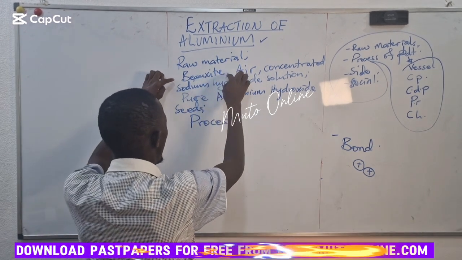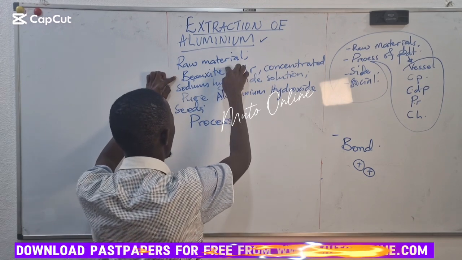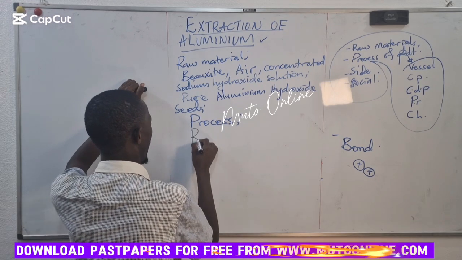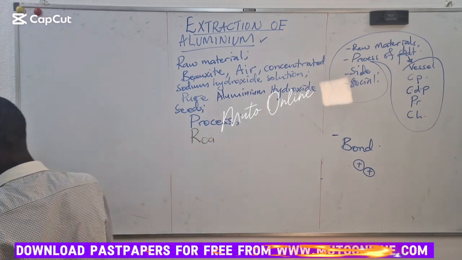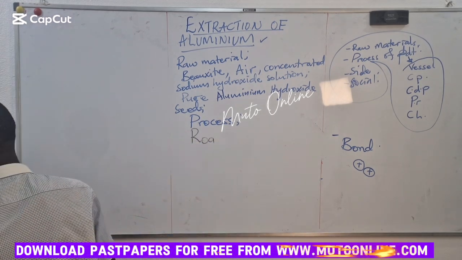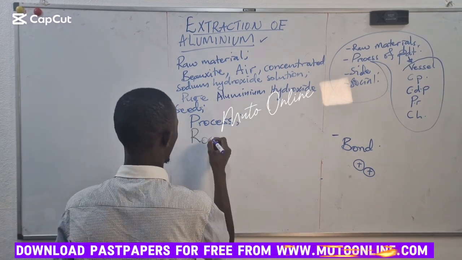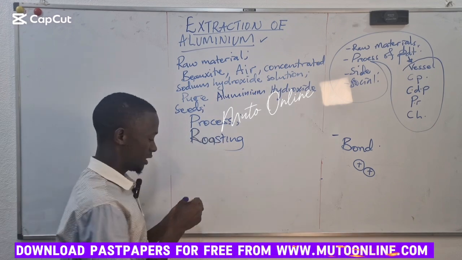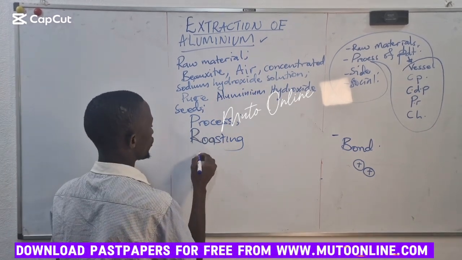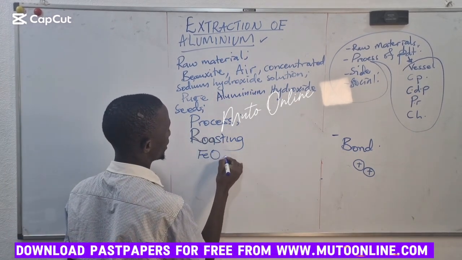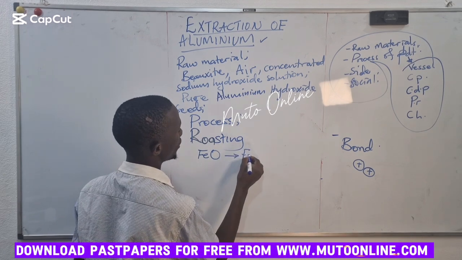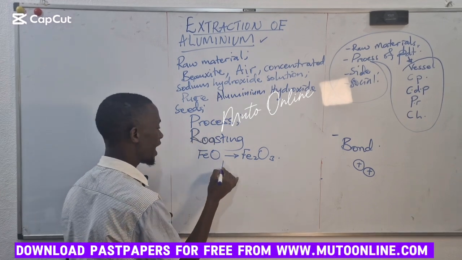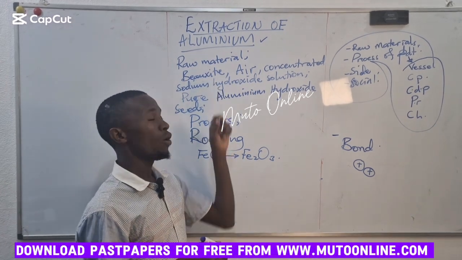The role of roasting, or heating the ore at very high temperatures, the process we call roasting, is intended at converting iron 2 oxide to iron 3 oxide and removing any traces of water from the ore.